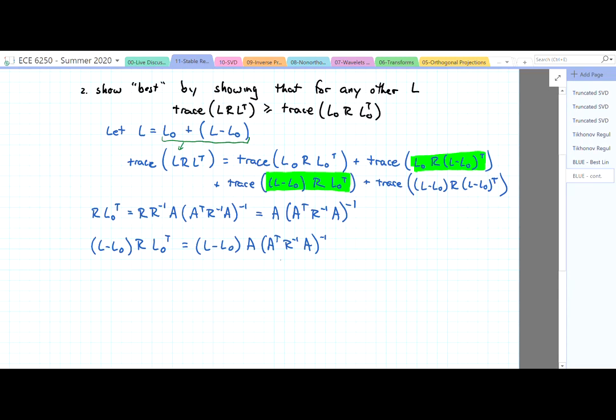But we can multiply out this first expression and we get L A minus L naught A times the rest of it, R inverse A inverse, and we already know that this is going to be the identity matrix and that's going to be the identity matrix because that was the requirement on any matrix L that we chose, and so this whole thing evaluates to 0. Therefore the two green terms go away. Well, that's really nice. I'll put it up there.